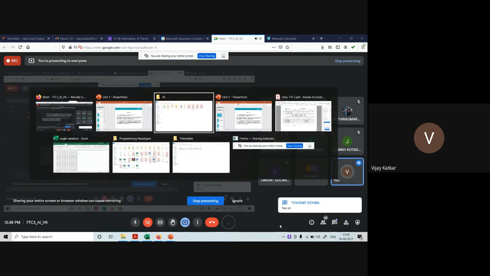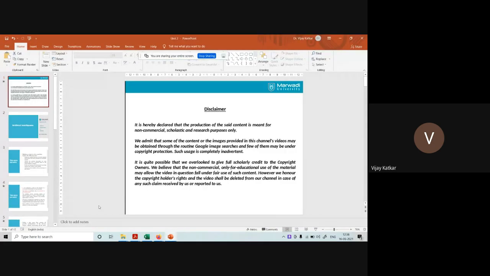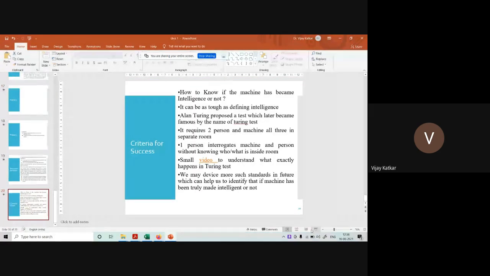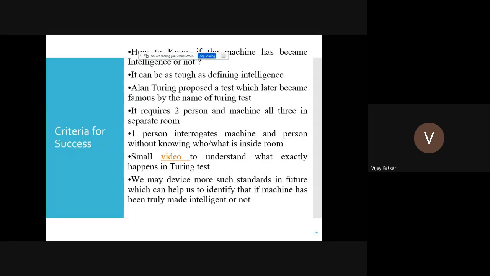The link is already available in the PPT, and I have shared the PPT with you. So it says it's a test. If you can recognize that the next thing is a machine or a computer, then you can say whether the machine is sufficiently intelligent or not.